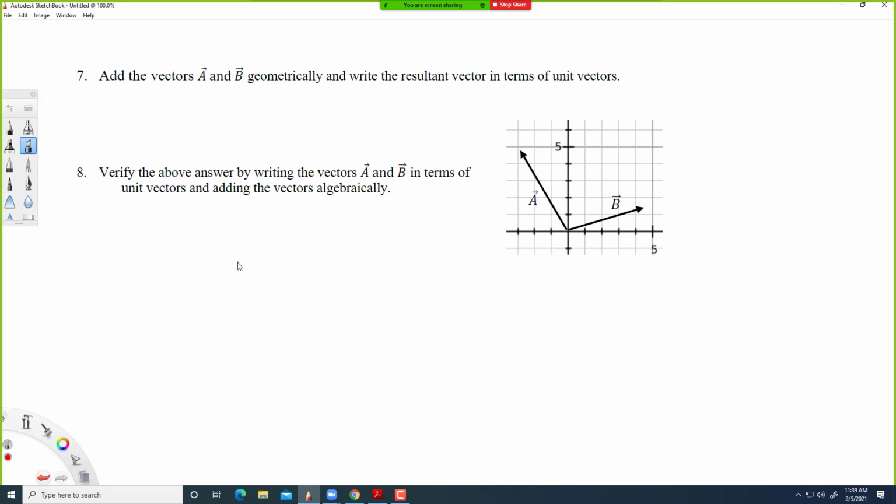Okay. Add the vectors geometrically. How do we add the 2 vectors geometrically? Head to tail method. There's another method also, which is called parallelogram method. Okay, you can use either head to tail method or parallelogram method.